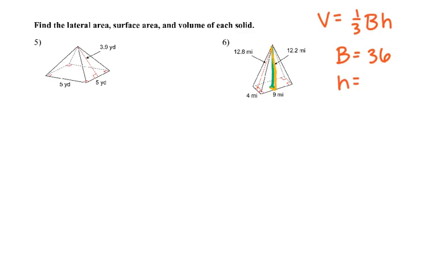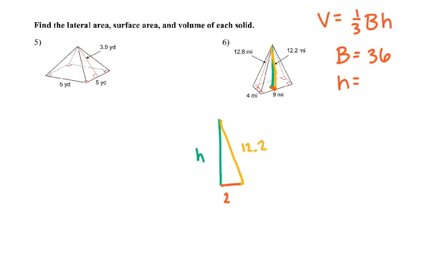So if you can imagine, I have the height of my pyramid, which I'm trying to find, and then this length, the leg of my right triangle, is half of 4, so that's 2. And it's connecting to the slant height of my pyramid, which is 12.2.